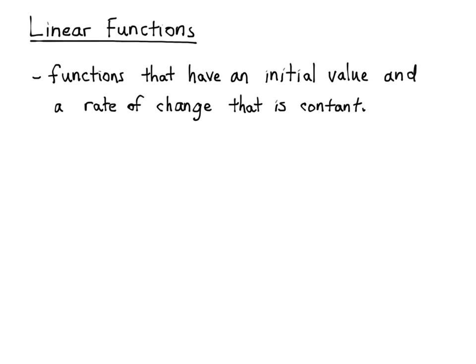Your distance would be a linear function of time. The rate of change that you would have is your speed. So if you're traveling steadily at 50 miles per hour for 2 hours and you start at mile 0, you're going to be at mile 100. So that's what we refer to as a linear function, because the rate of change doesn't change.